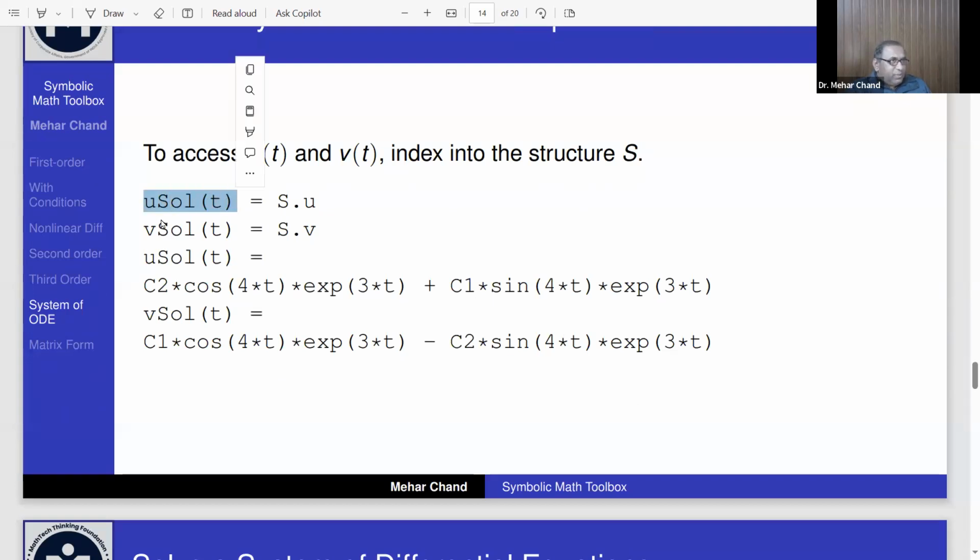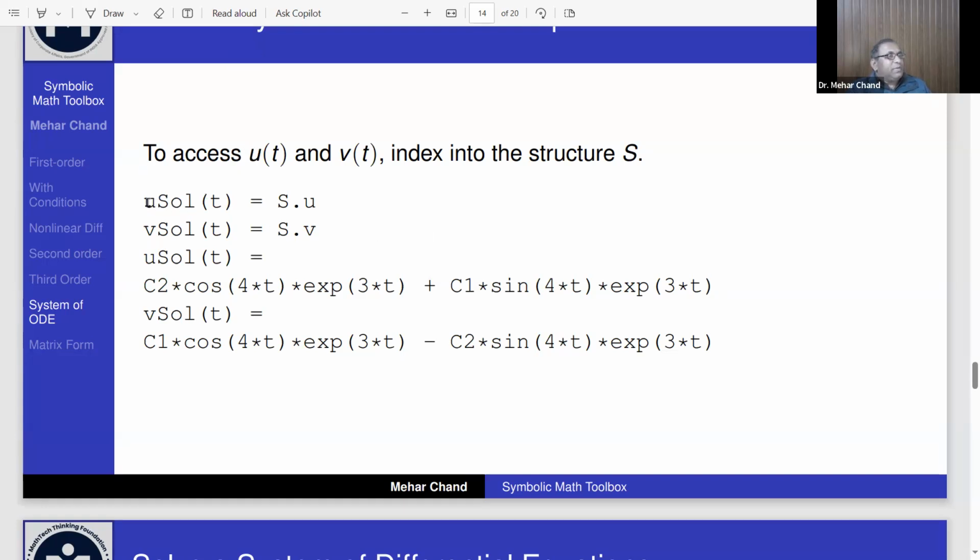the solution for u. This is just an assignment variable, uSolution_t is equal to, you use at the place S.u. You can use anything at the place, either u_t or u1 or simply u, depending upon your choice.